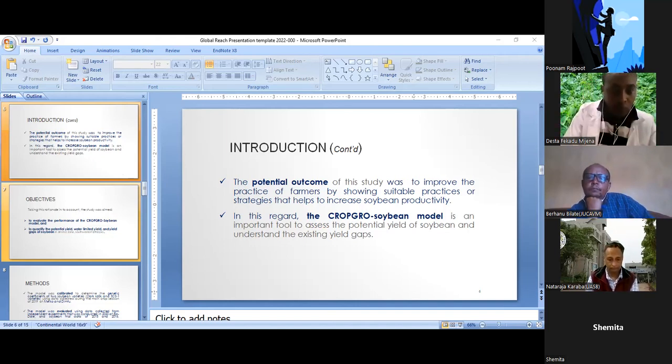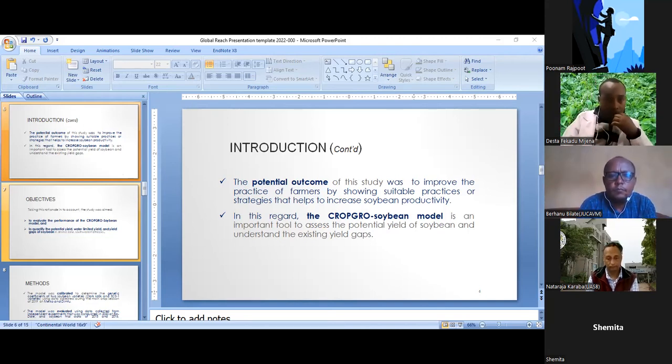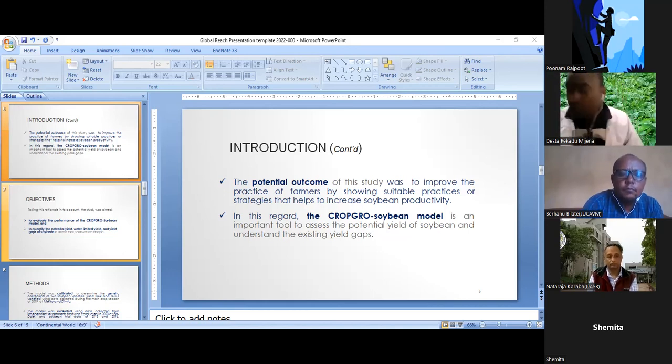Coming to the result part, the genetic coefficients for both varieties were derived through manual iteration and using the GeneCalc tool, and these parameters were presented here.